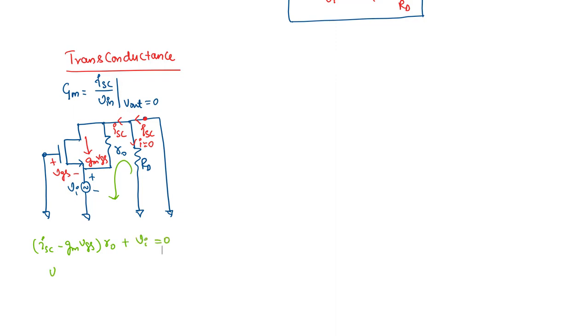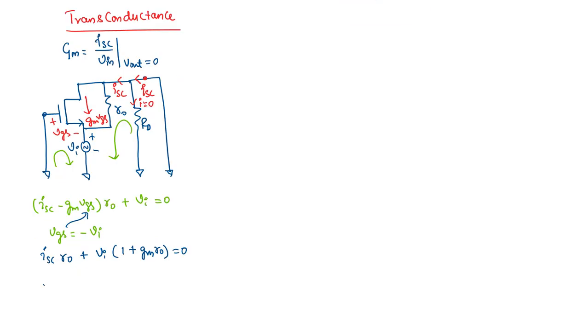And we know the other equation that VGS should be equal to minus VI. This we get by taking the loop equation here. Now let's substitute this VGS value here and find what is the ratio of ISC to VI. We get ISC over VI is equal to minus 1 plus GM R0 over R0.